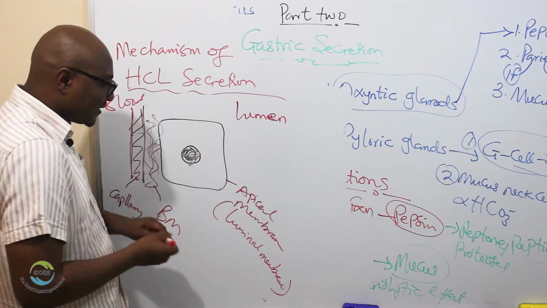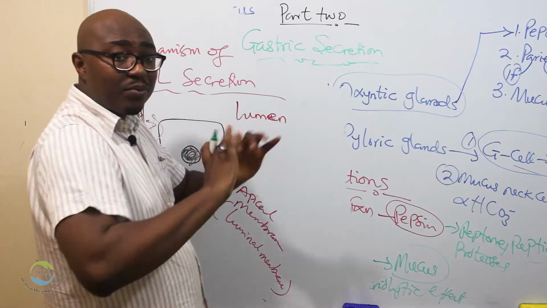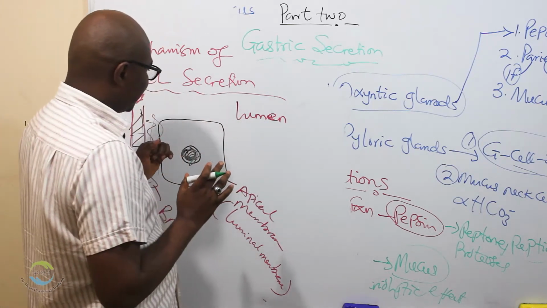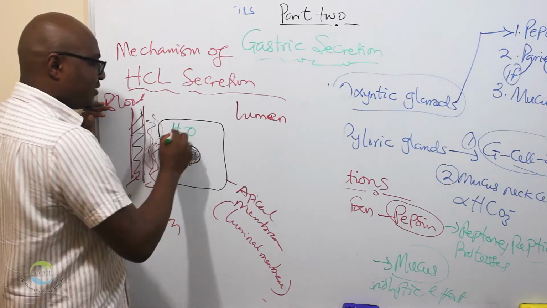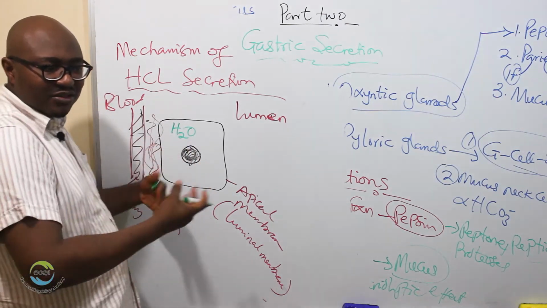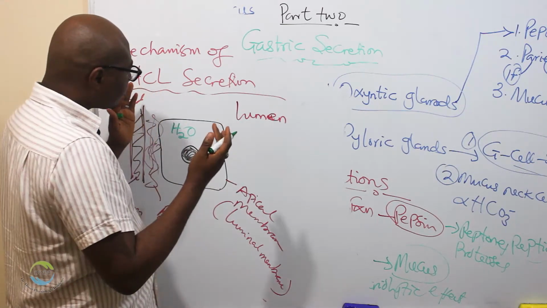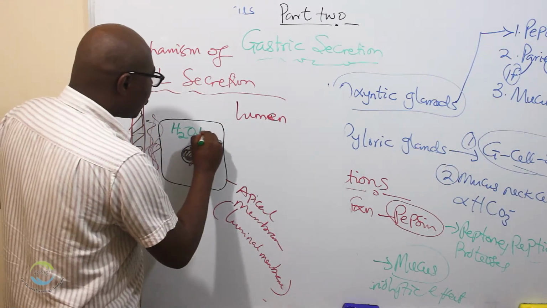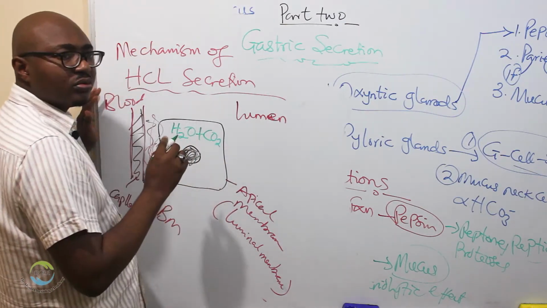So what happens is that there's this very important common reaction that happens in a lot of cells. It's a reaction that has to do with water. Water is in the cell, the cytosol. And cells, through their metabolism, produce what? CO2. Okay? So water combines with CO2 to give you something.